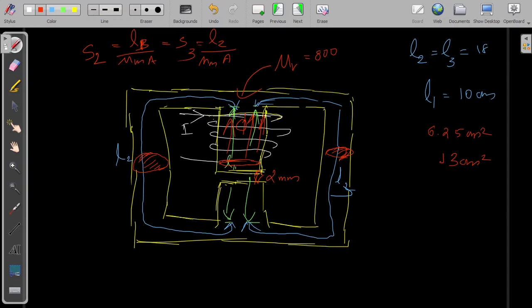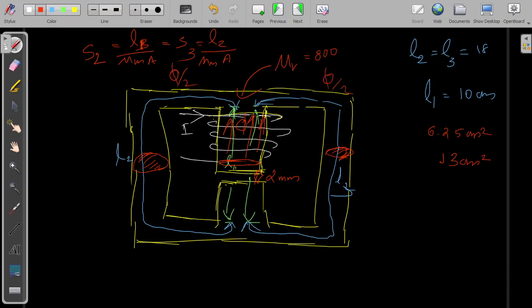That means it is like your electric circuit in which the resistance offered by the two paths is the same, so the current will be equally distributed in the two paths. Similarly, you will get phi by 2 here and phi by 2 here.